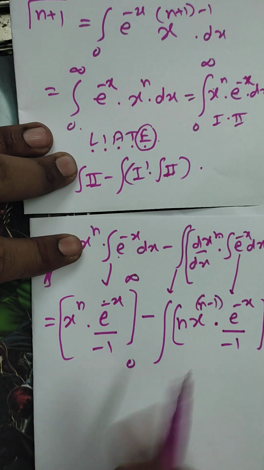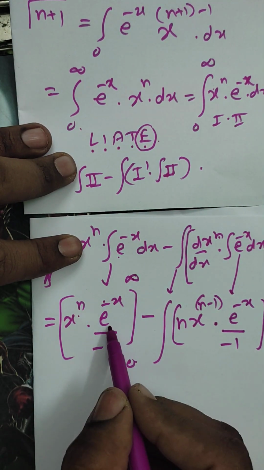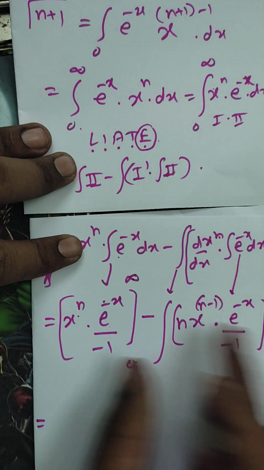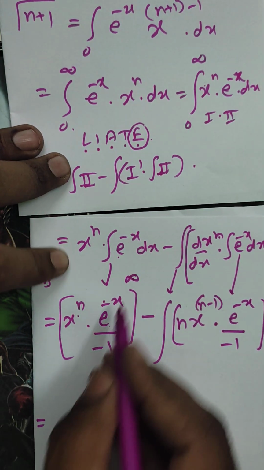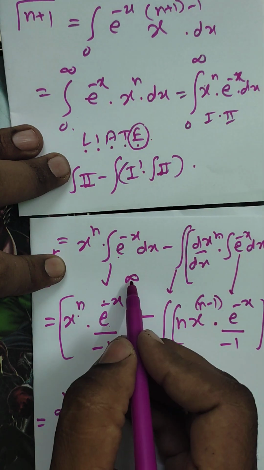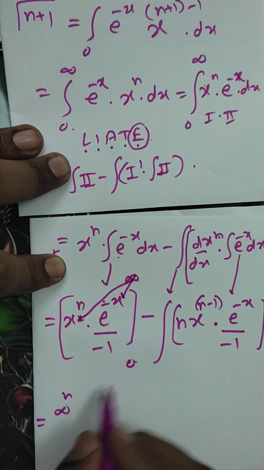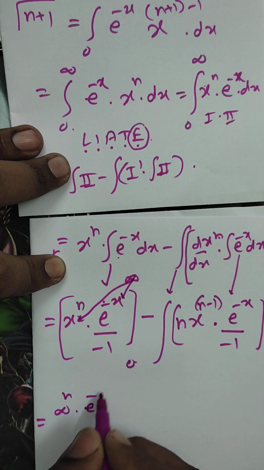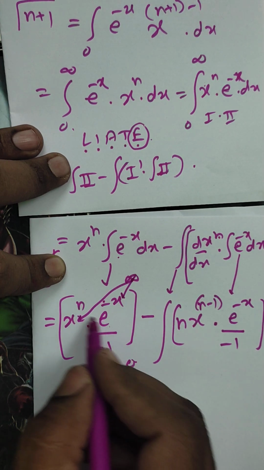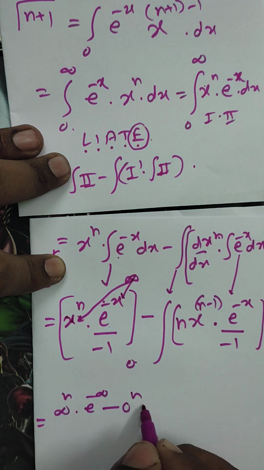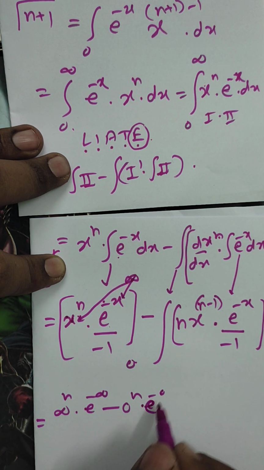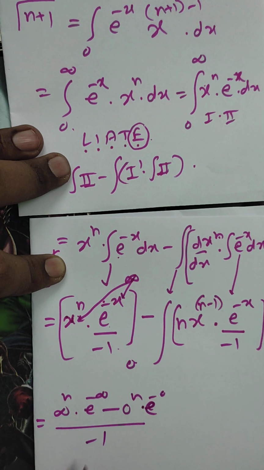Now we have to put in the upper limit minus the lower limit on this side. The upper limit is infinity raised to n into e raised to minus infinity, minus the lower limit, 0 raised to n into e raised to minus 0, whole divided by minus 1.